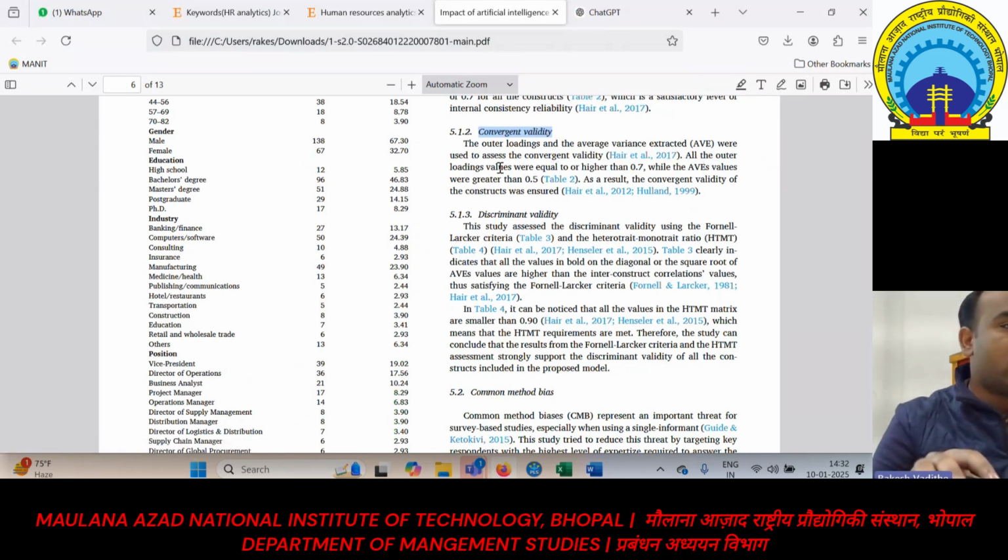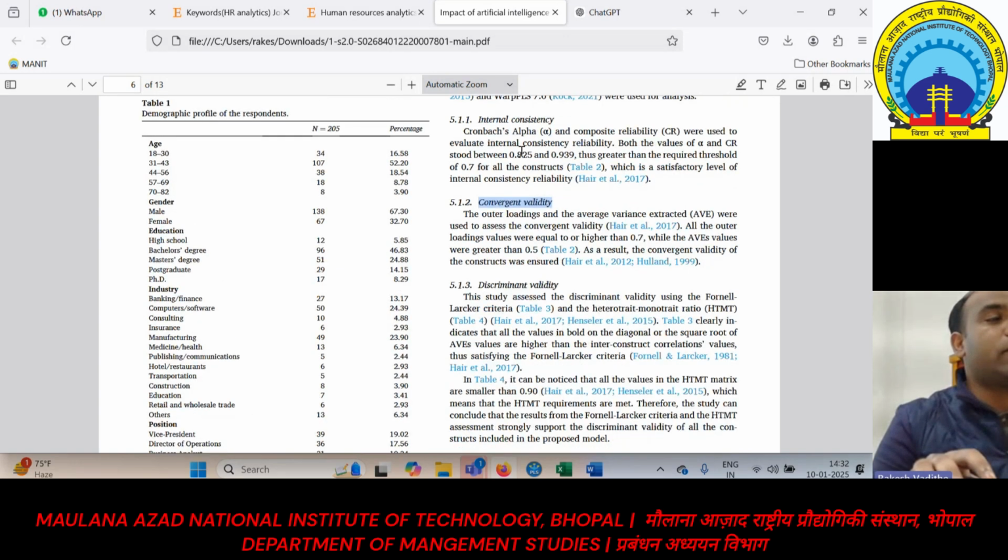All the outer loadings values are equal to or higher than 0.7, while the AVE values were greater than 0.5. Here we have to remember the values: for Cronbach's alpha it is 0.7, composite reliability 0.7, outer loading is 0.7, AVE is 0.5.